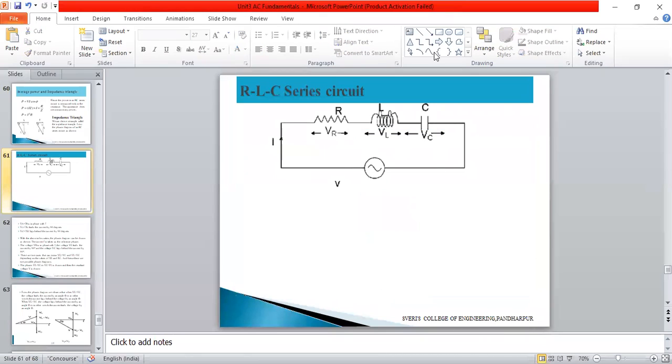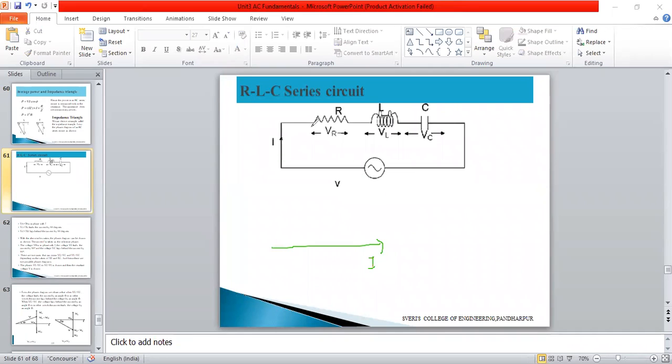If VL is greater than VC, the current flows, and I will take the current as the reference. In this case the circuit will act as an RL circuit. So I will take the current I as the reference phasor.